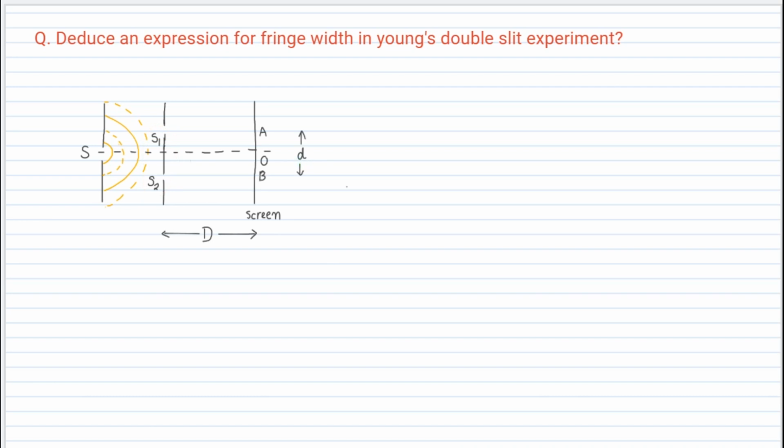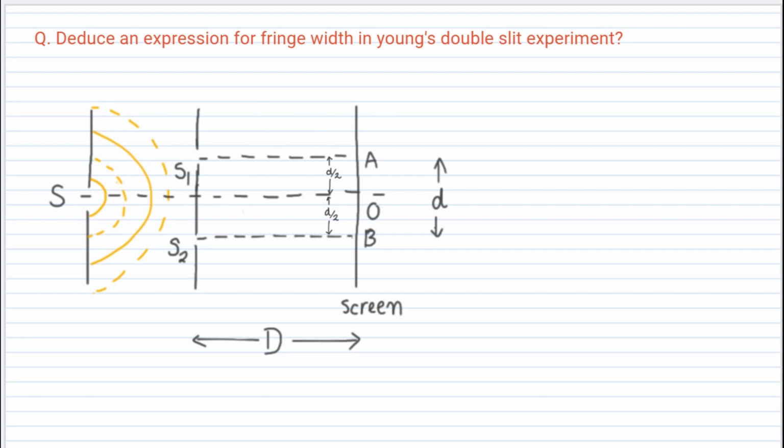So your points A and B are also placed at distance d away from each other and they are equidistant from the center O. If they are equidistant, it means the distance between A and O is half of this total distance d, that is d by 2. Similarly, the distance from O to B is d by 2.